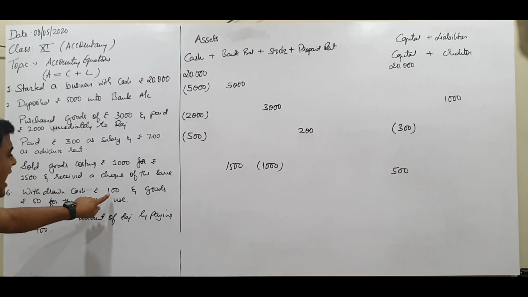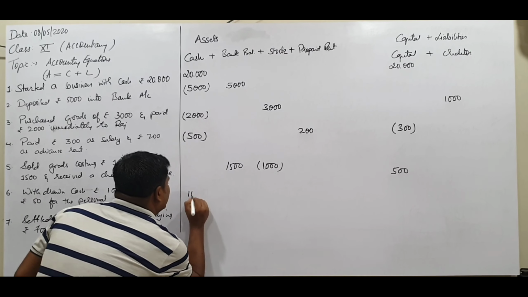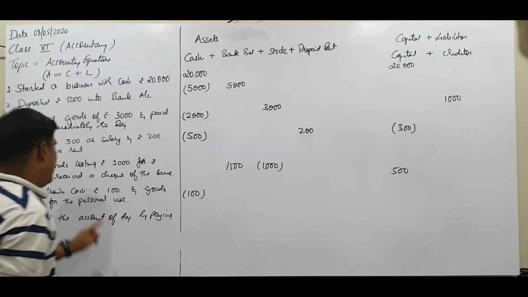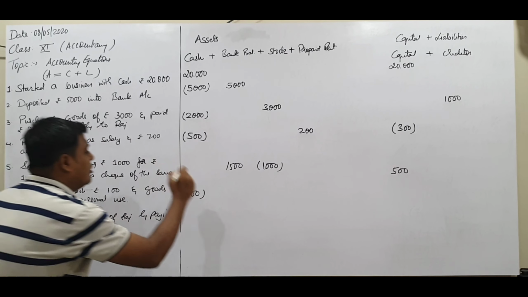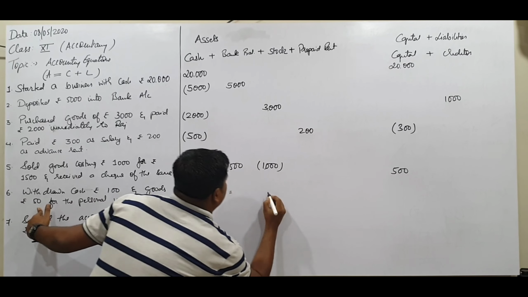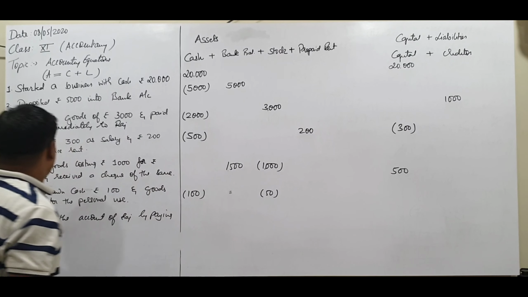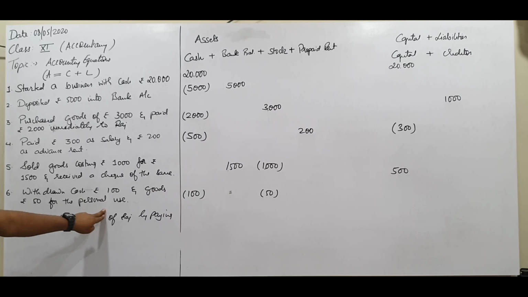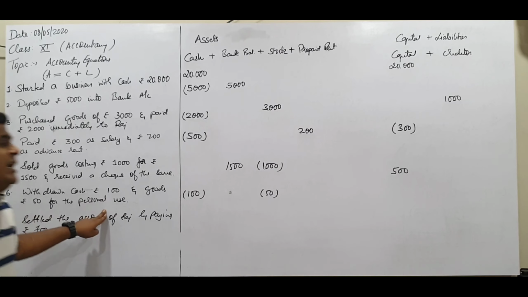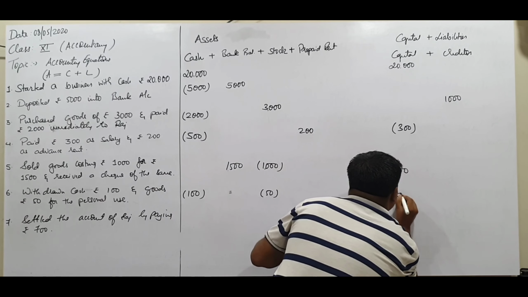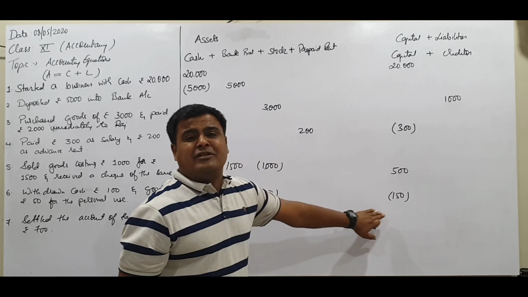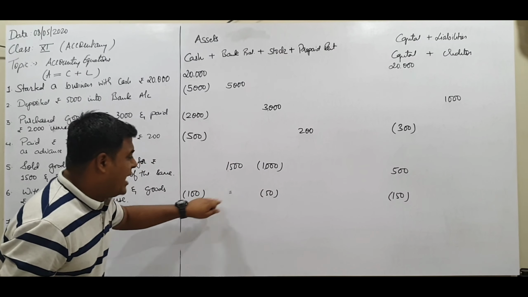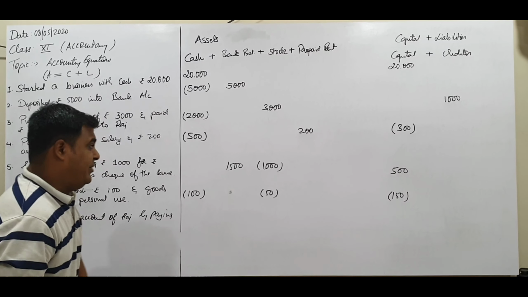So let us see, cash of rupees 100, so I will reduce cash by 100, and goods of 50, so stock is also deducted by 50 rupees. Now 150 is for personal use, it is drawings which will lead to the reduction in the capital. So net effect is minus 150, and here also net effect is minus 150.